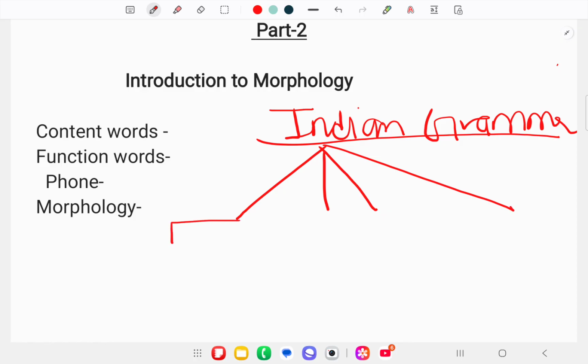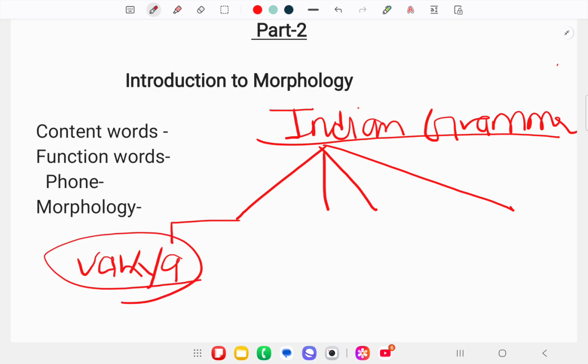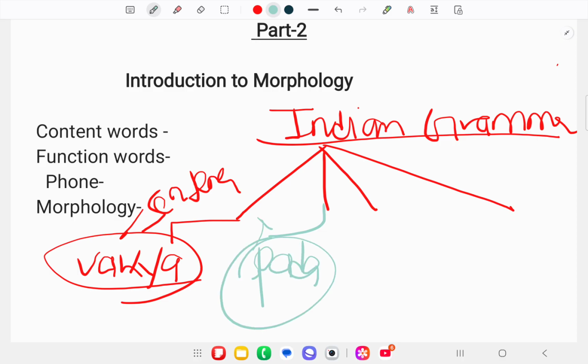First one is Vakya. Vakya, in English, we generally say sentence. Second one is Pada. Pada means words.